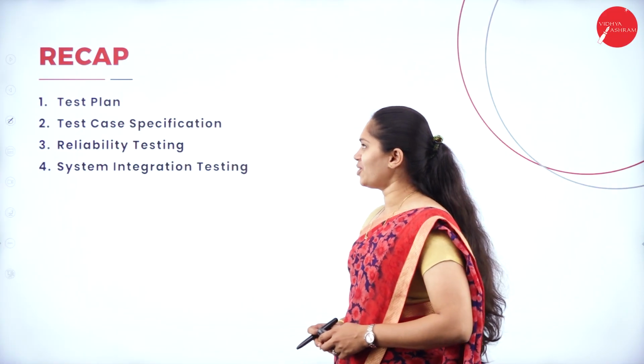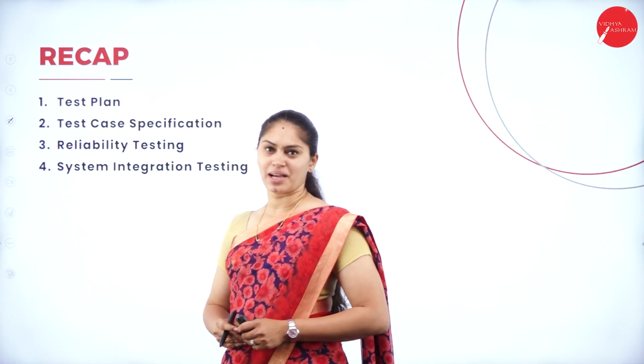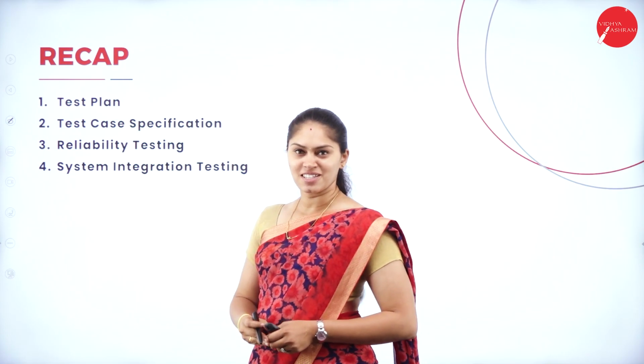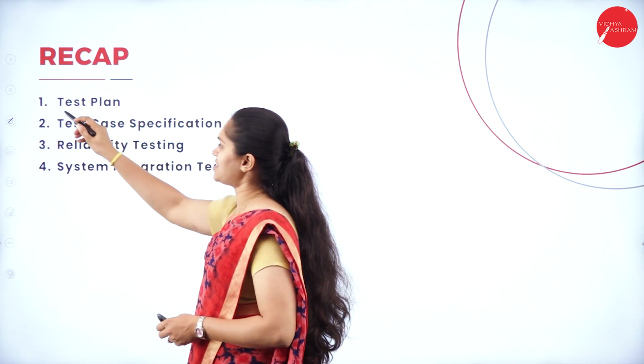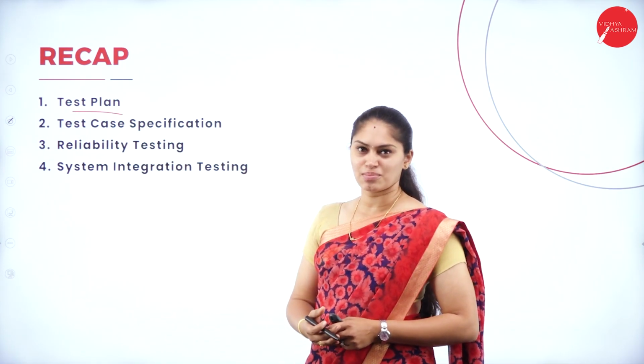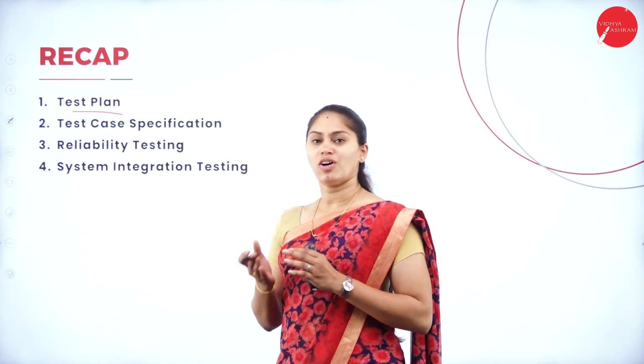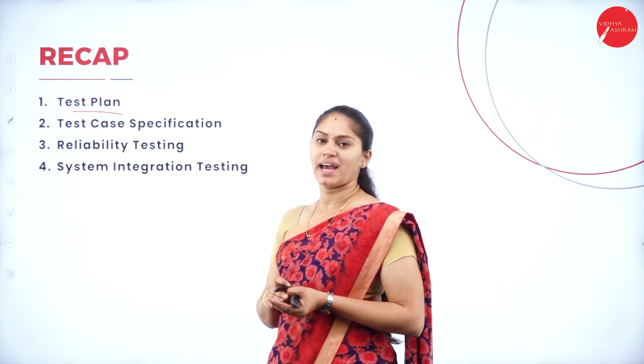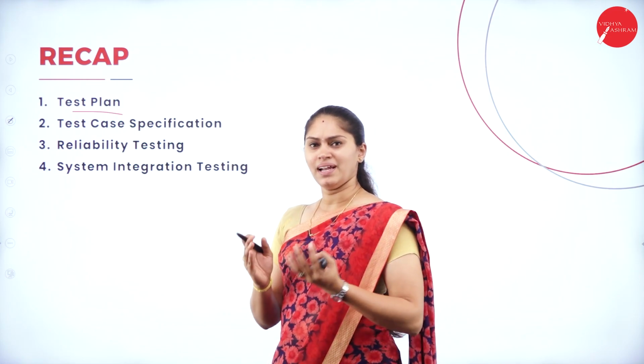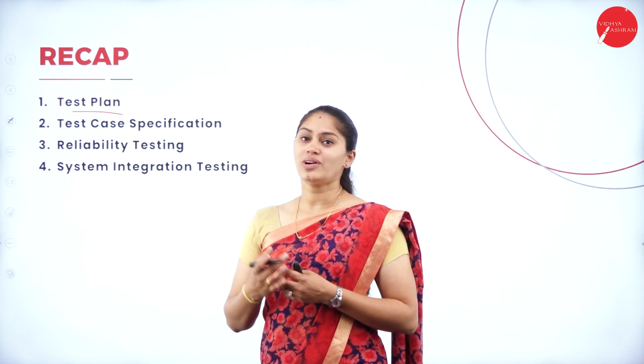Before getting into today's session, we'll just have a quick recap of our previous session. In the last session of this chapter, we had discussed the test plan. What do you mean by test plan? That is a documentation which has a summarization of all the test scenarios, and also its objective, completely whatever is required in order to do testing.